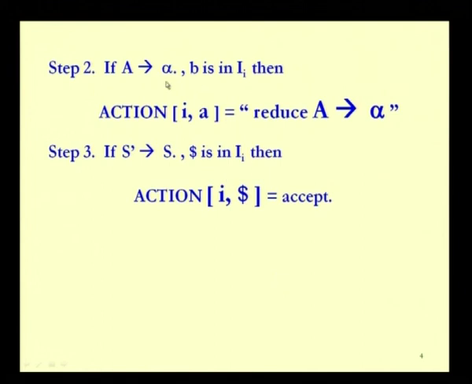The important thing to note here is that the dot is at the rightmost end of the item, and b is going to be the lookahead symbol. If this item is available in a state called Ii, then the action of i comma b is going to be reduce A derives alpha. Here it is not small a, it is going to be b, since it is the terminal we have.